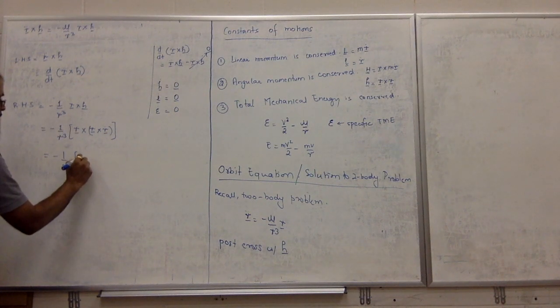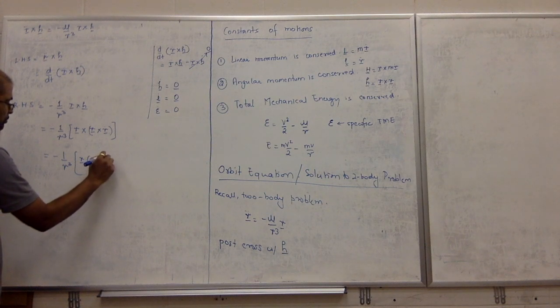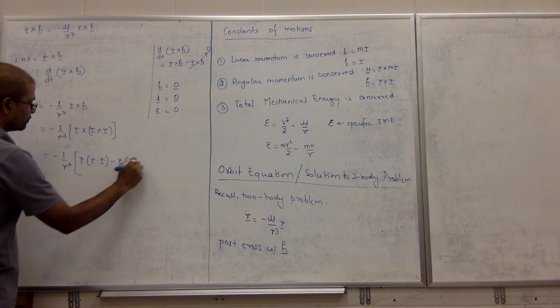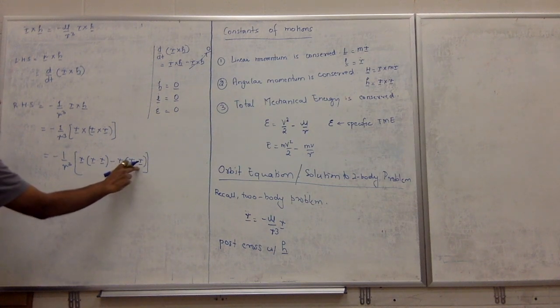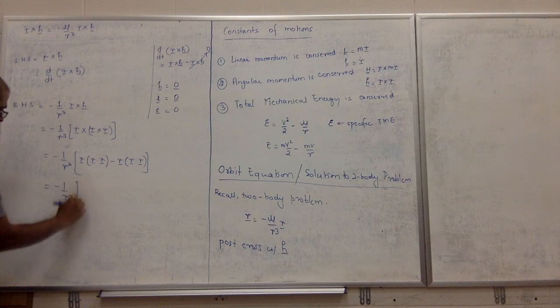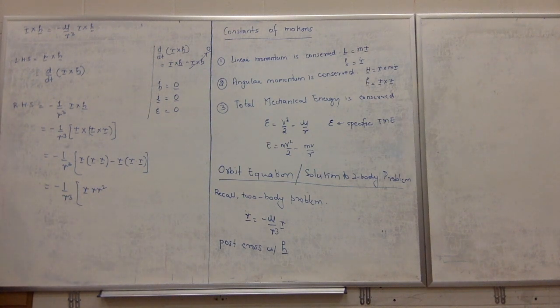So you see, minus 1 over r cube, and this is the BAC minus CAB rule.